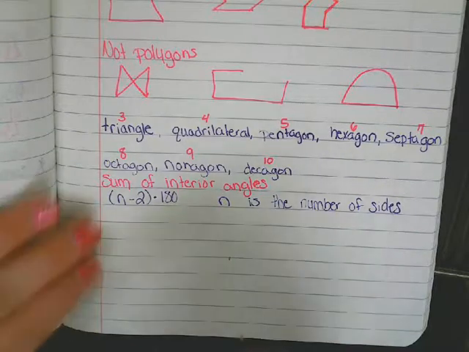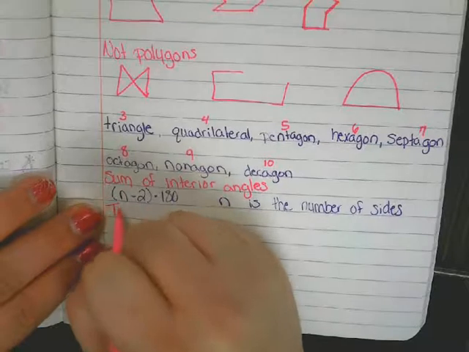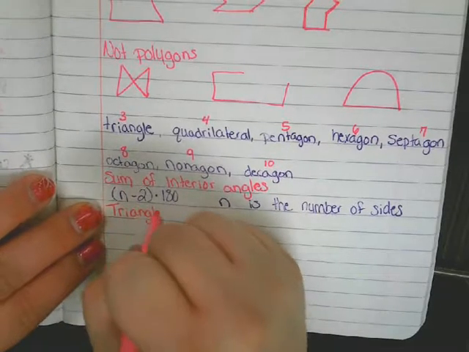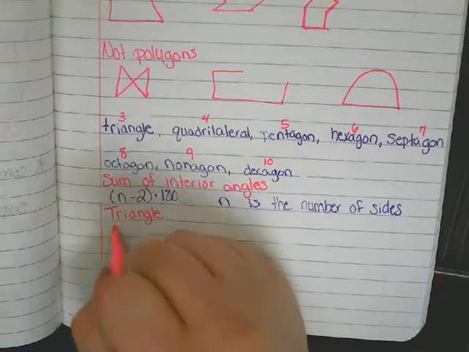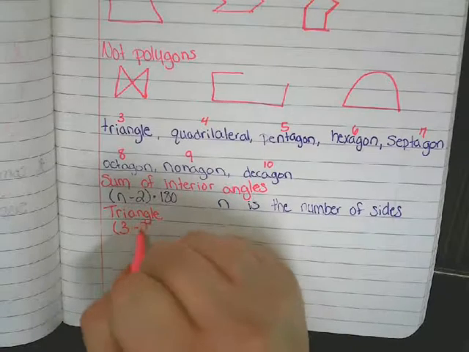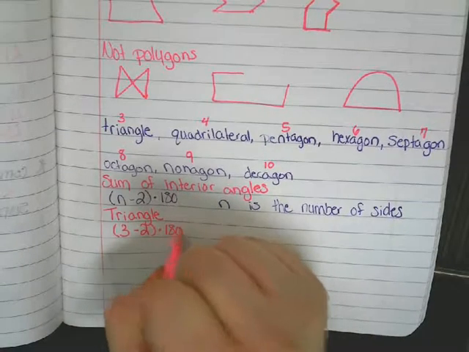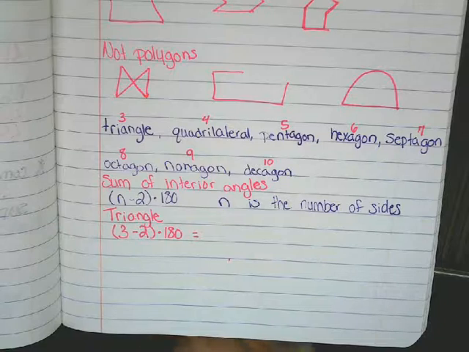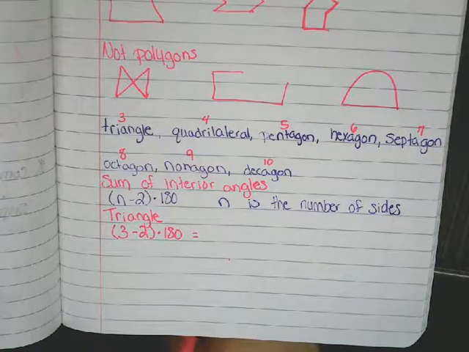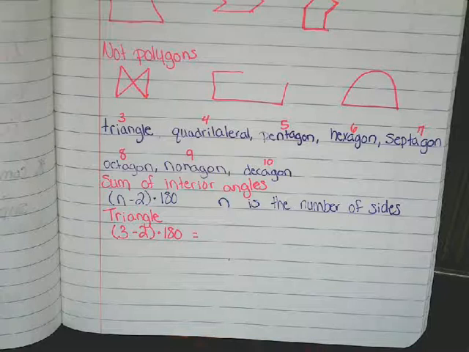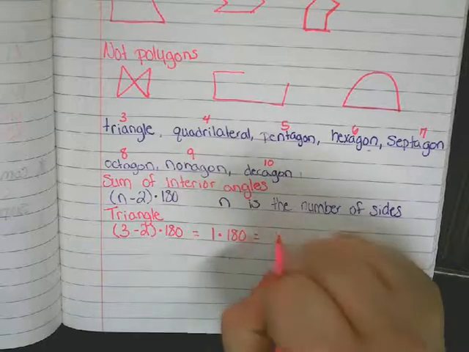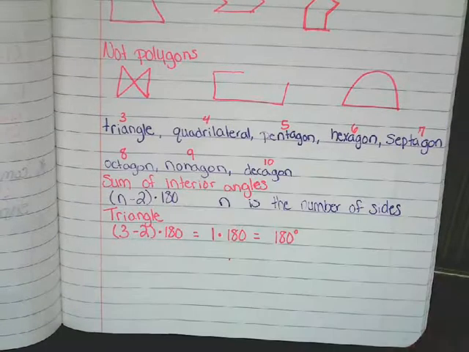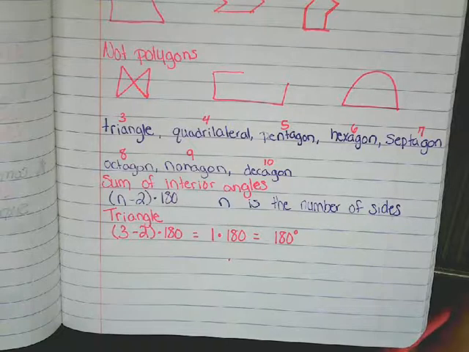So let's look at a triangle. How many sides does a triangle have? Three. So instead of n, I'm going to say 3 minus 2 times 180. Well, order of operations tells me to do parentheses first. So 3 minus 2 is 1. So taking 1 times 180, 180 degrees, which is what we said last week. A triangle has 180 degrees. Alright, so let's try it with the quadrilateral.